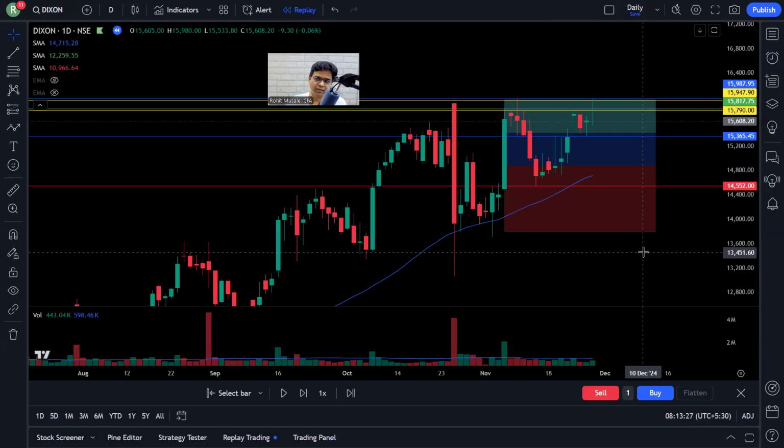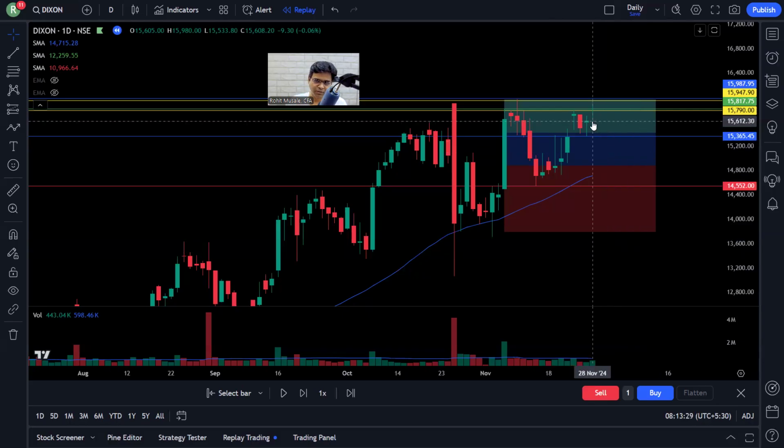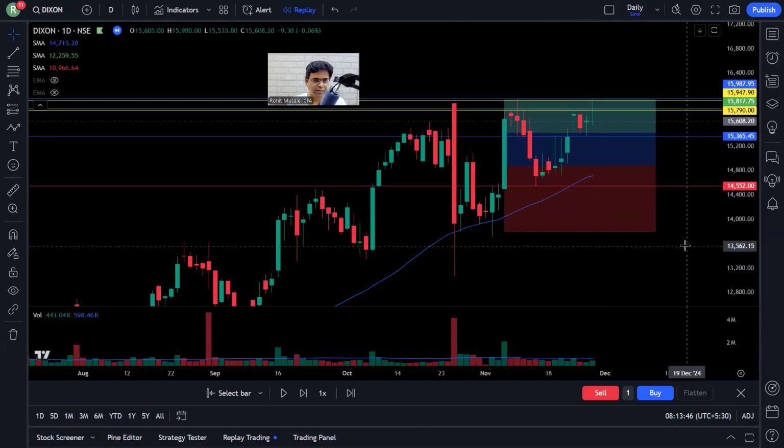Rather than reducing my position size on this candle, I decided to move my stop loss from here to here. That is what I did on this day. Later I moved it back here, which I will explain later. But on this day, I moved my stop loss from here to here because I did not want to give up on my shares. And why did I not want to give up on my shares? Because of the fundamentals.